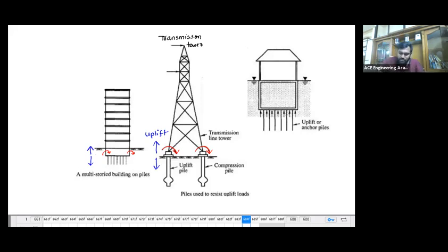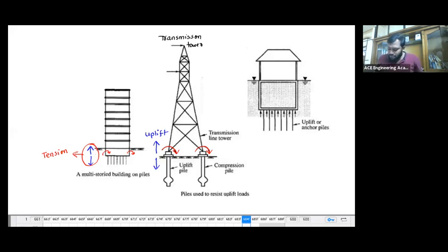And does this action look like tension or not? Yes. So due to overturning, it will create tension in the pile. That's the reason why we call it a tension pile.